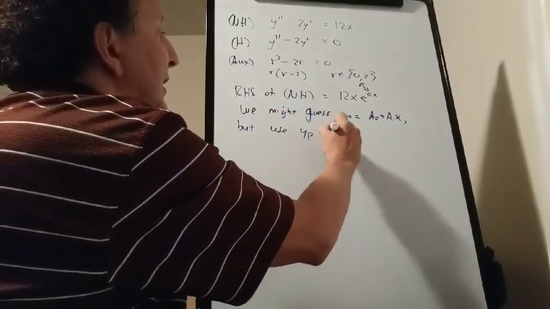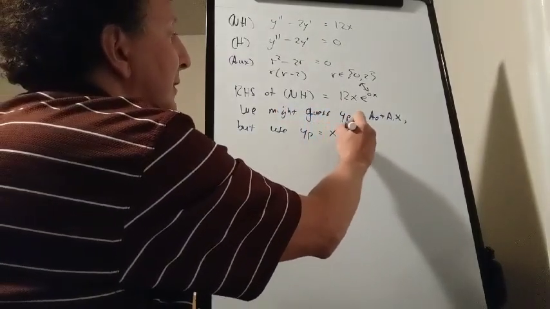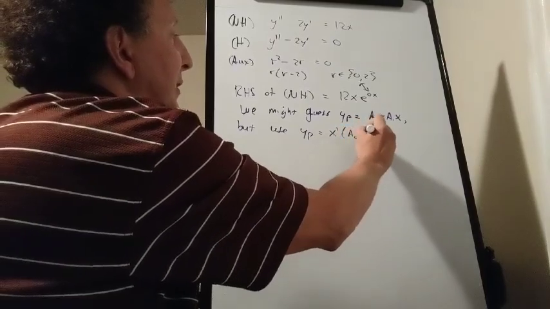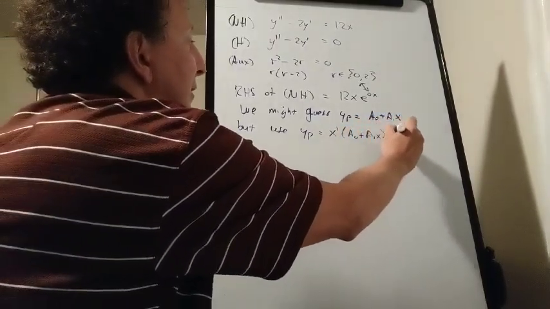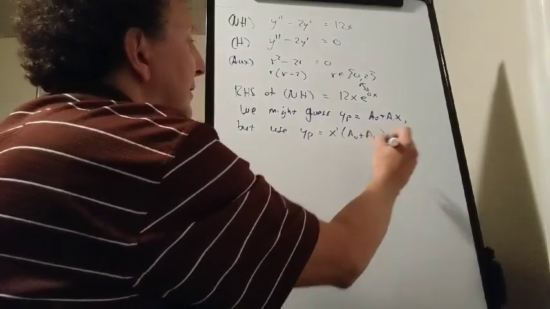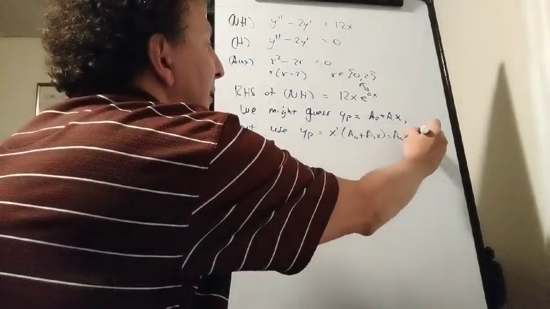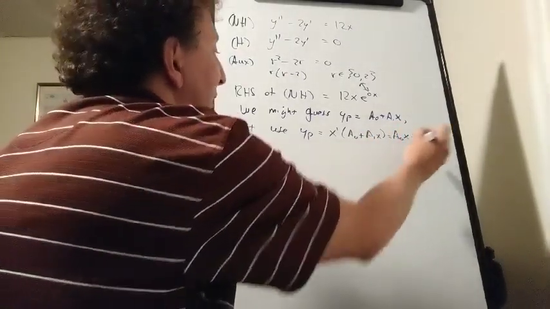So we're going to use yp equals x to the 1 times a naught plus a1x, which is a naught x plus a1x squared instead.